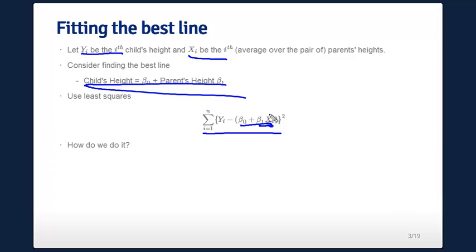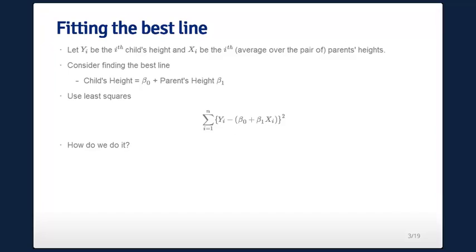If we were to take a parent's height, xi, and multiply it times the slope, beta 1, and add the intercept, beta naught, that would give us a predicted child's height based on the regression line. Yi, in contrast, would be the actual child's height, the one that was actually recorded. So the difference between these two is the difference between what the model would predict for that child and what was actually observed for that child. And so why don't we, as a criterion for the best line, minimize the sum of those squared distances?